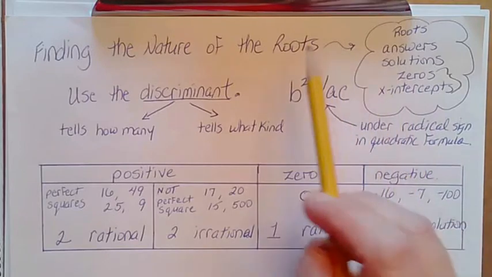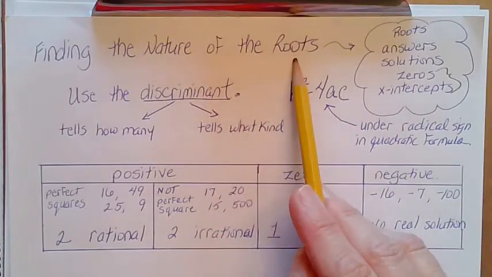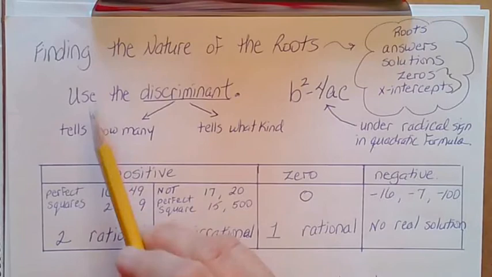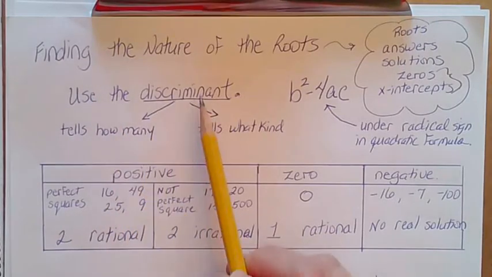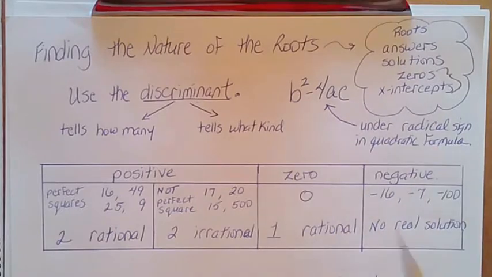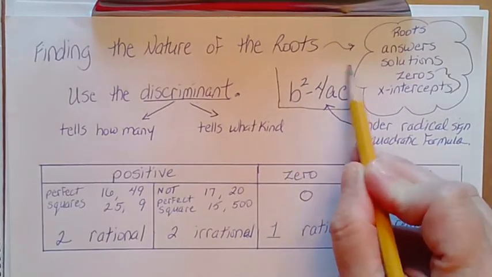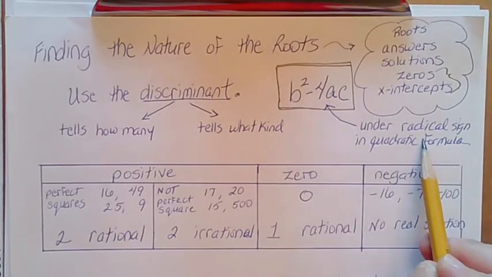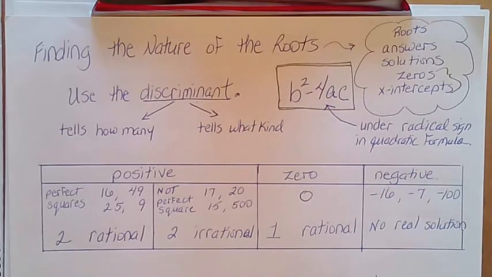So if we want to know the nature of the roots, then they're kind of asking what kind of roots we are going to have. Well, for that, we're going to use the discriminant. The discriminant is b squared minus 4ac. This discriminant is the part underneath the radical sign in your quadratic formula.